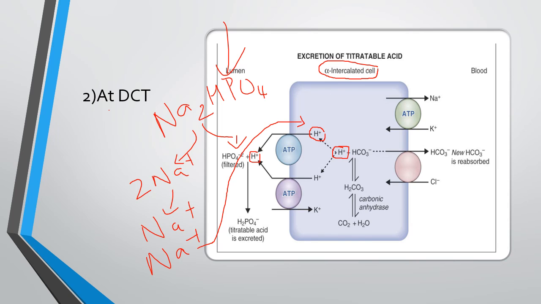This H plus combines with the HPO4 2 minus to form H2PO4. H2PO4 is known as phosphoric acid. This phosphoric acid then combines with the extra Na plus from here to form a compound known as sodium dihydrogen phosphate.